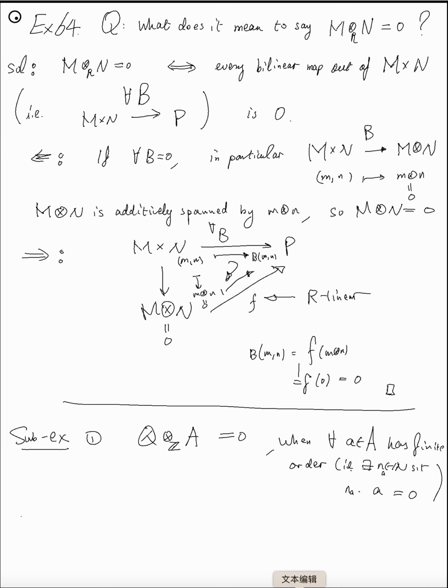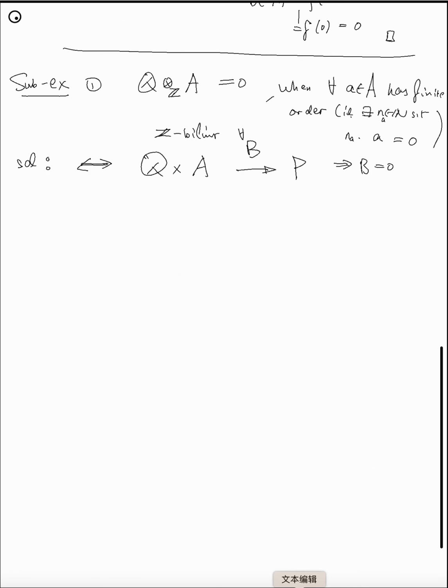So one possible way is, because we want to check this is totally 0, it's equivalent to check that any Z-bilinear map to some Z-module P is 0. Right? So why is this the case? Suppose we have whatever (x, y).